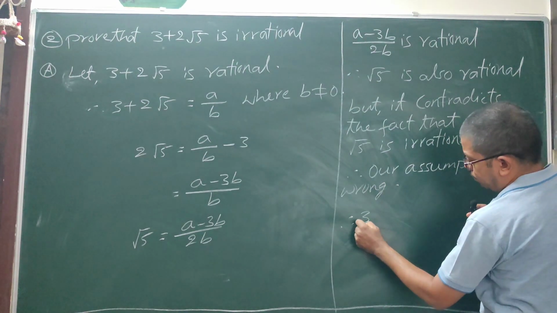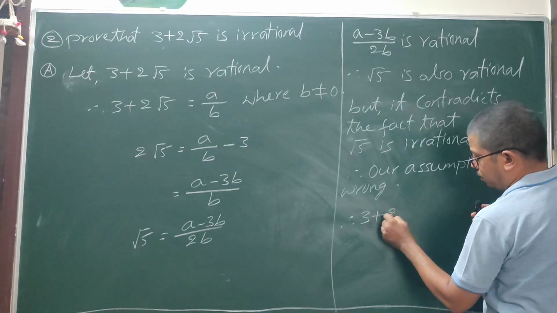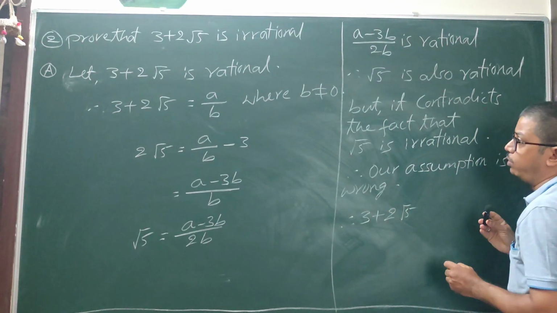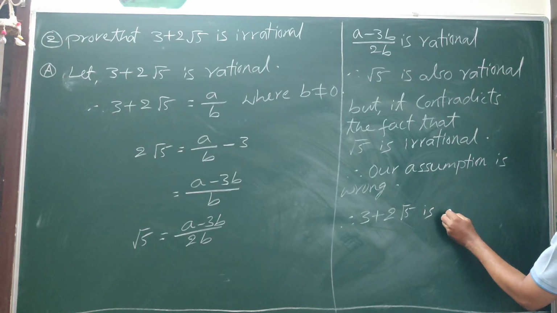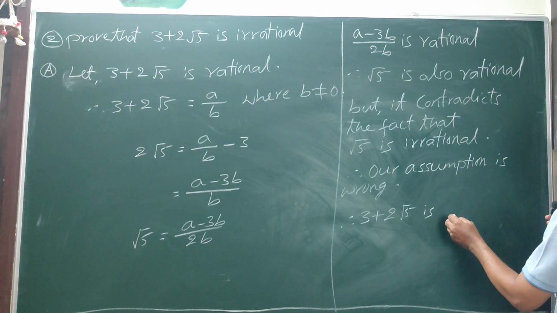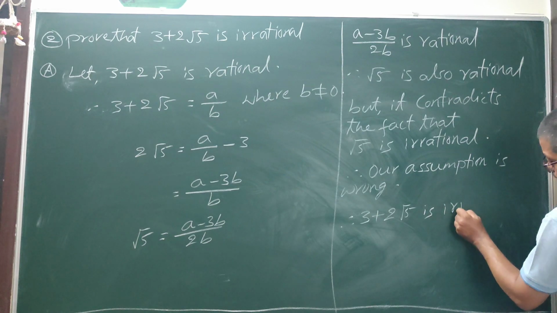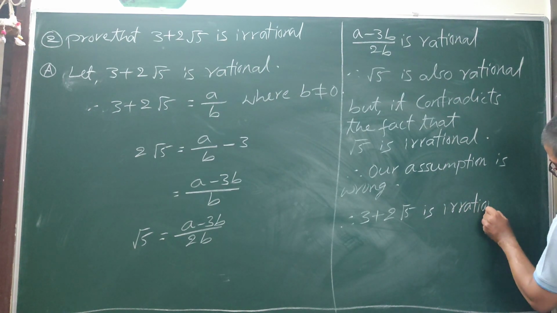Therefore, 3 plus 2 root 5 is irrational.